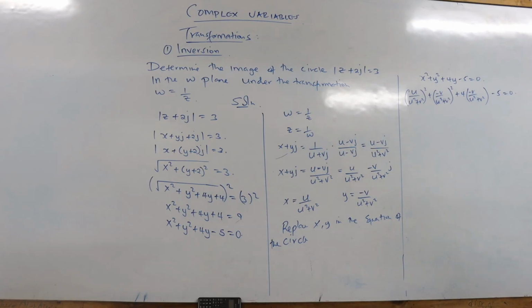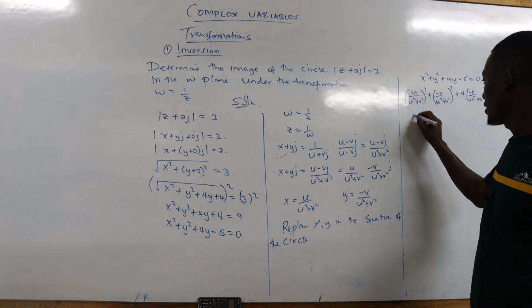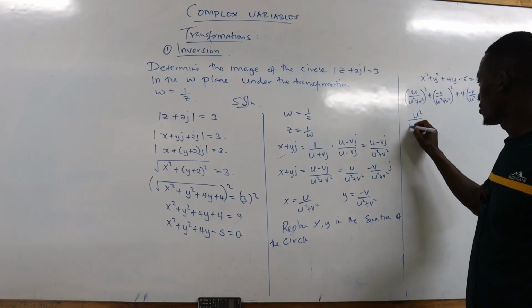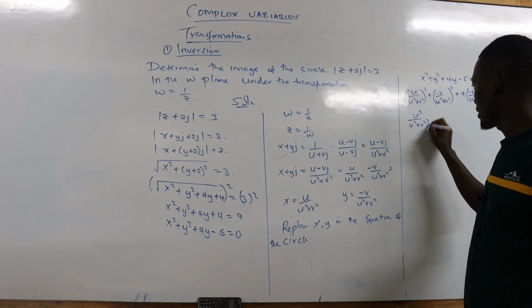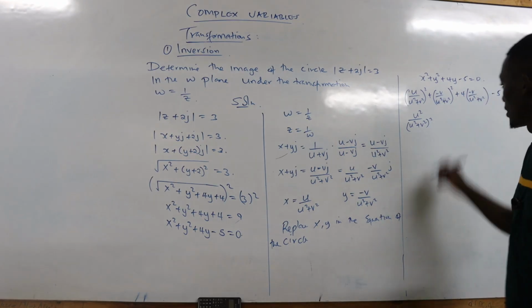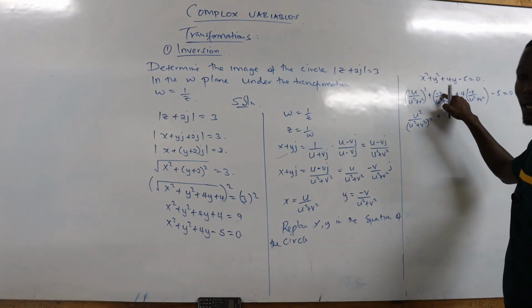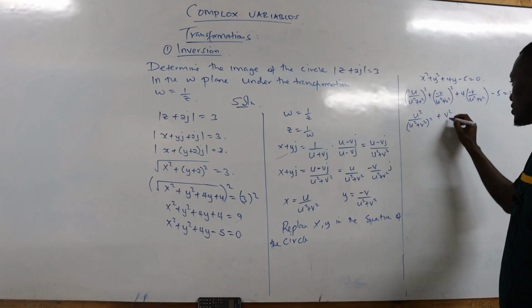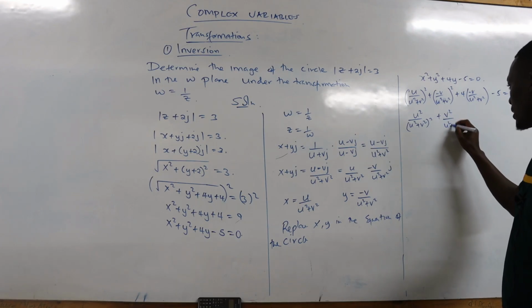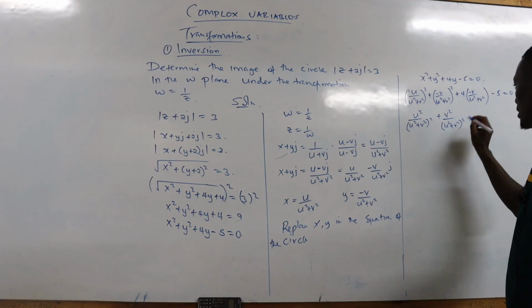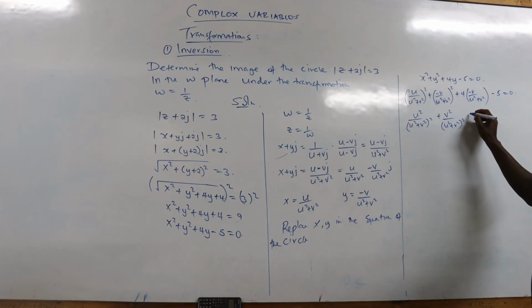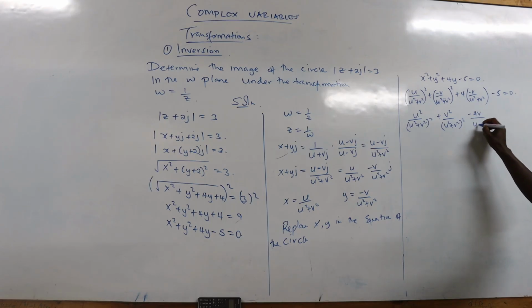So therefore we shall have u squared over u squared plus v squared, in brackets squared, then plus, when you square negative v it gives you a positive v squared. So again u squared plus v squared in brackets squared, then you shall have minus 4v all over u squared plus v squared.